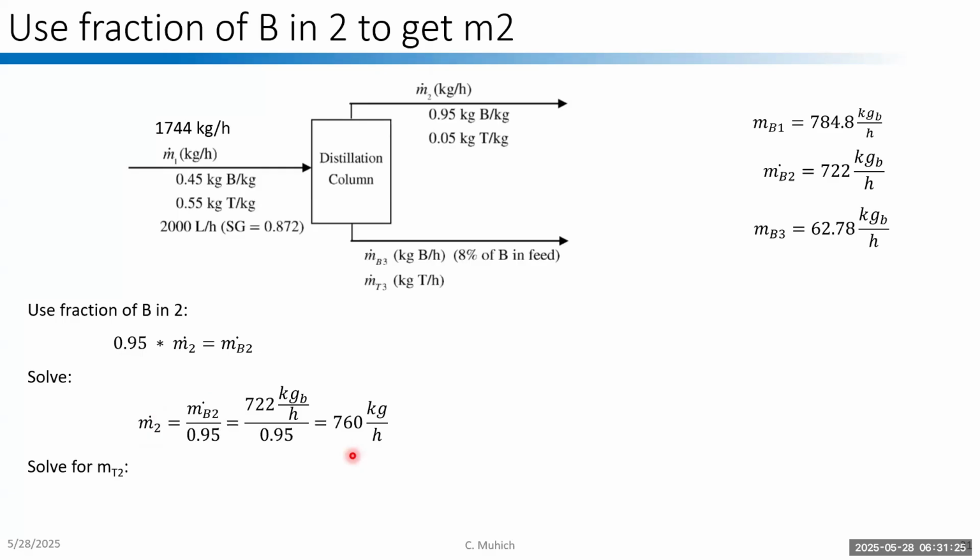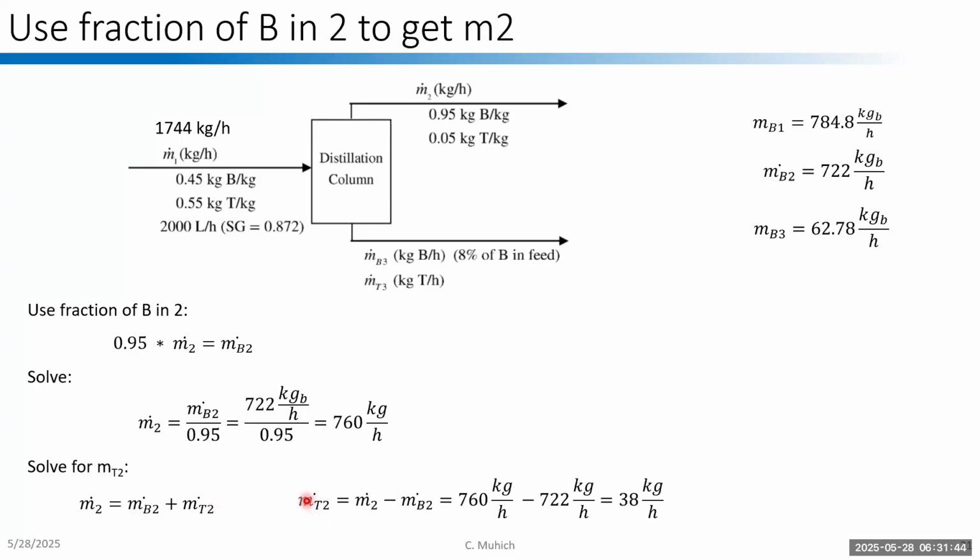If I know how much is leaving, what the total M2 is, I can solve for M2, right? Because the total mass, M2 equals B2 plus T2. Well, I know M2 and I know B2. So I can rearrange.